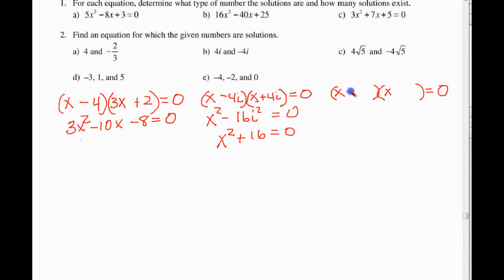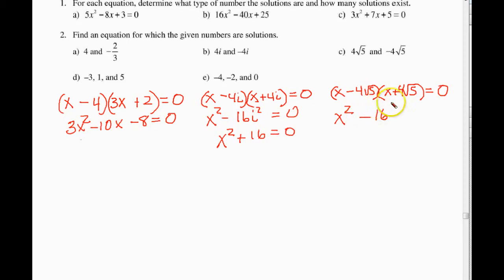Opposite signs. Opposite signs. And again, these are conjugates, so there's no middle term. So we're going to go x squared. Now, let me put the 4 there too. That makes it a little bit better. Negative 4 times positive 4 is a negative 16.